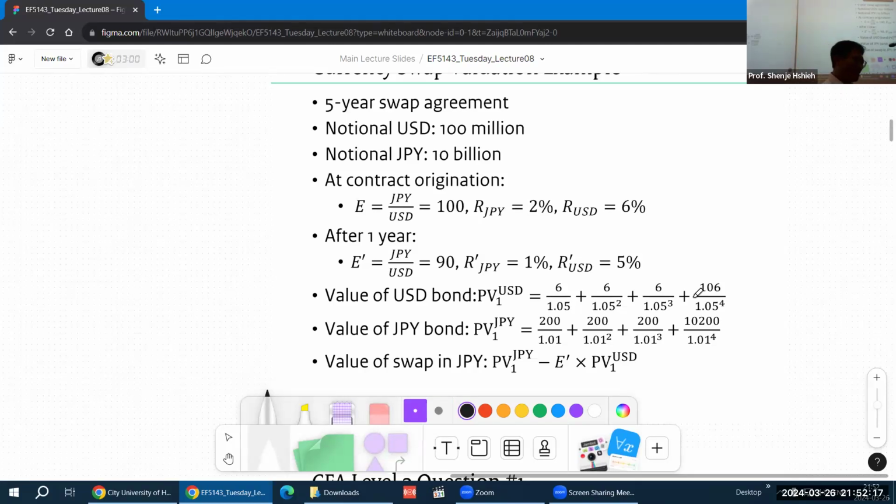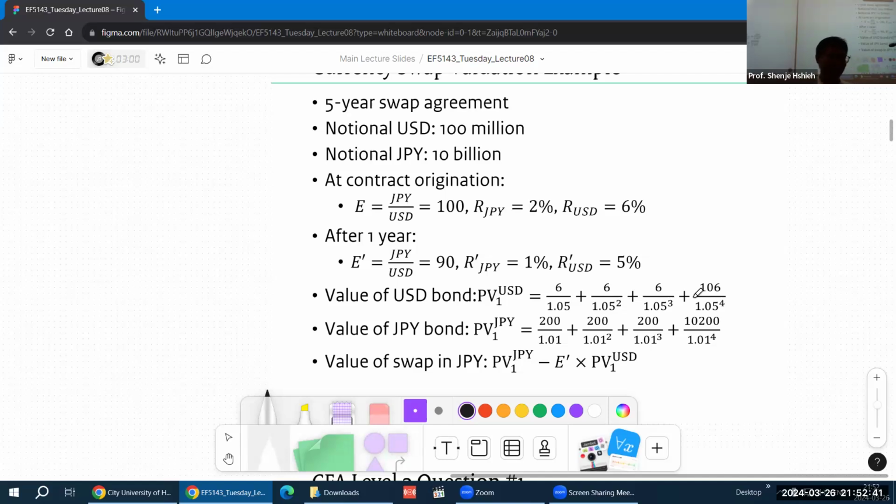In this class, I'm not going to make you model the time variation of interest rates between two countries. I'm not asking you to model the time variation of exchange rates. I'm assuming that if there is a change in interest rate or exchange rate, it's going to change and then persist forever. So it's very easy to recalculate the value of the swap after something has changed, right?